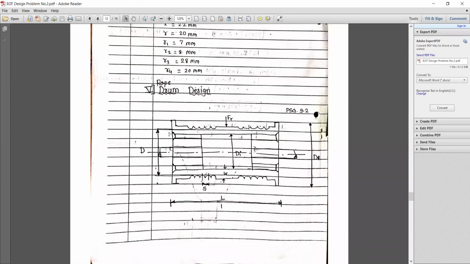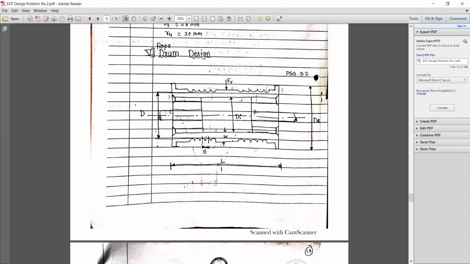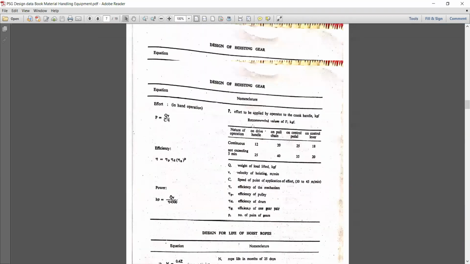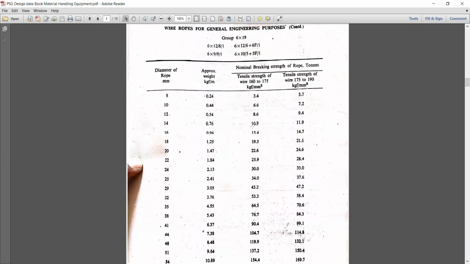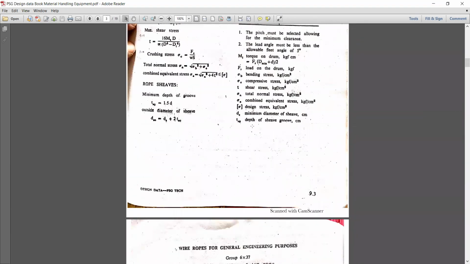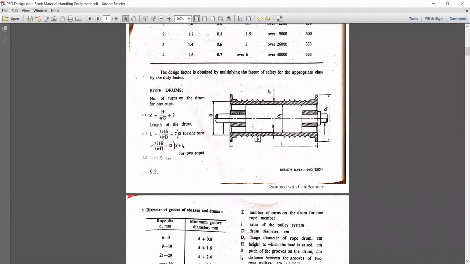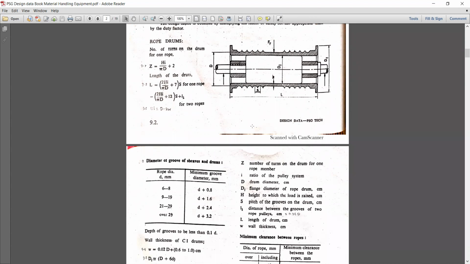Okay, next component, design of a rope drum. So referring PSG page number 9.2, the whole rope drum dimensions with the diagram and formulas are provided over here.